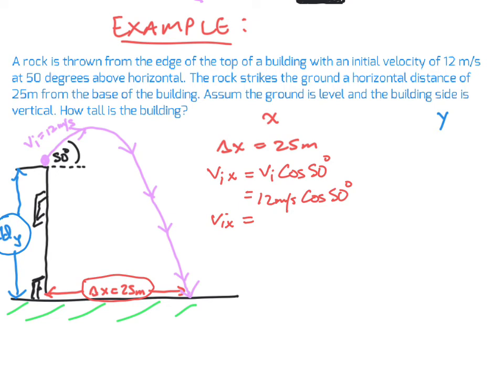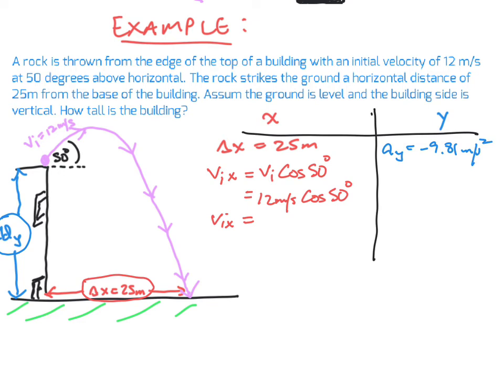And on the y side, we can ask ourselves, okay, well, what do we have and what do we need? On the y side, we have ay is equal to negative 9.81 meters per second squared. Of course, you can use positive there, but generally the downward direction is negative. And we also know that VIY is equal to 12 sine 50 degrees. Okay, and we can figure out what the VIY value is.